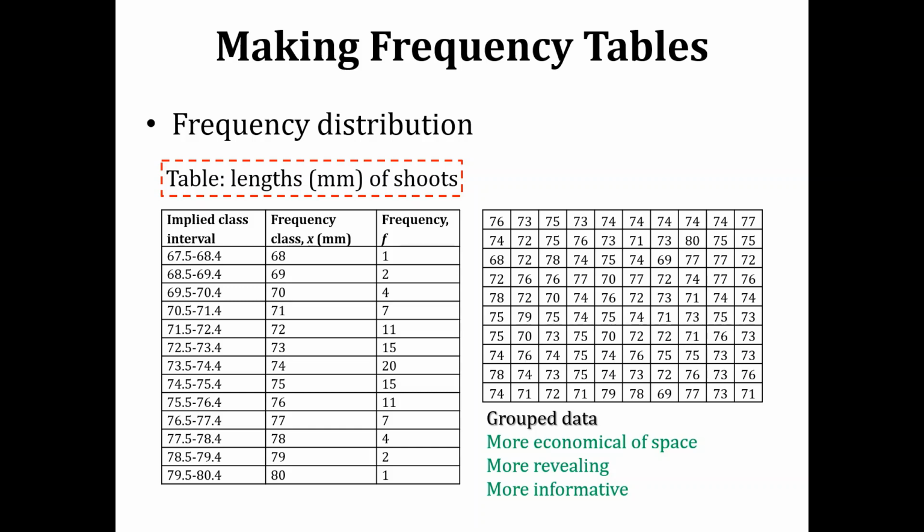So instead of putting in the raw data, we are going to arrange the data in the form of a frequency table, and this frequency table not just makes the data presentable and informative, it also makes data convenient for further statistical analysis, for further handling, right? So these are the two main purposes of making the frequency tables.